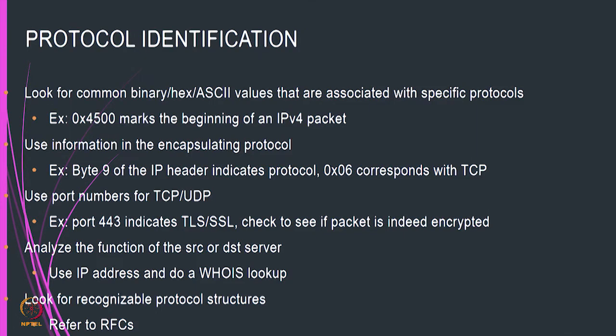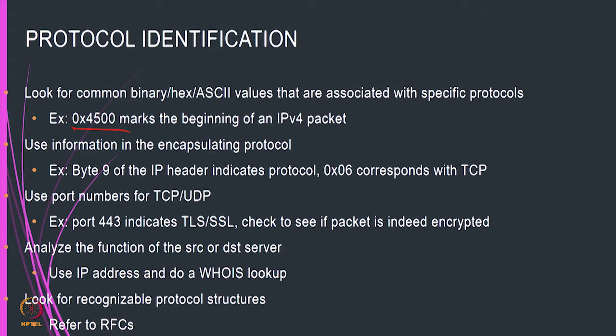So how do we usually identify protocols? Usually, protocols have some kind of signatures. For example, the marker 0x4500 marks the beginning of an IPv4 packet. Similarly, a PDF document starts with a certain marker.